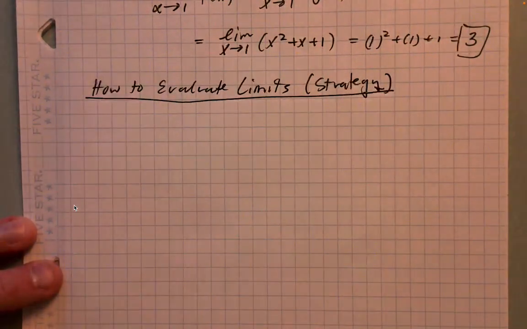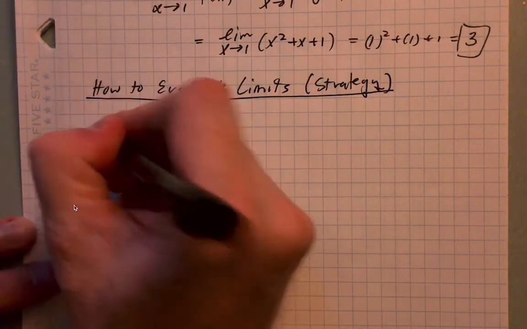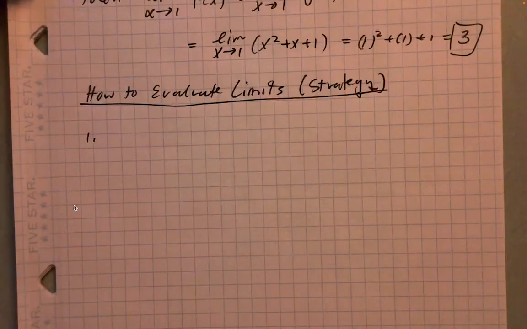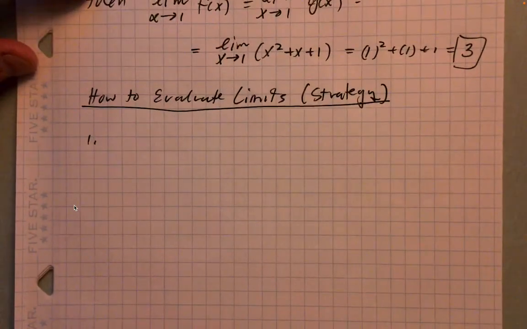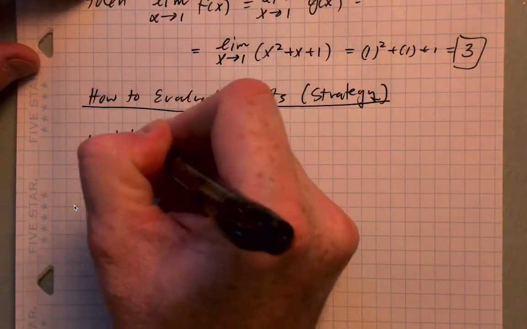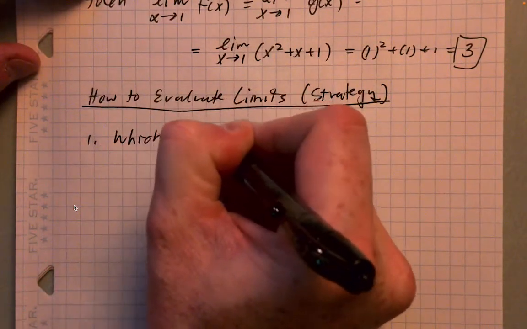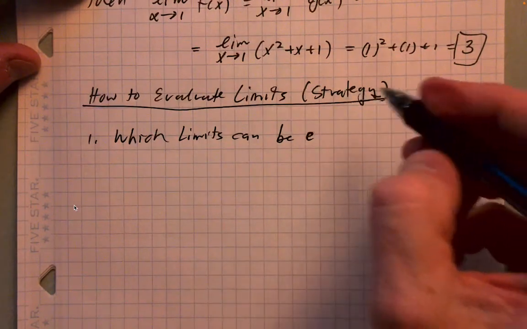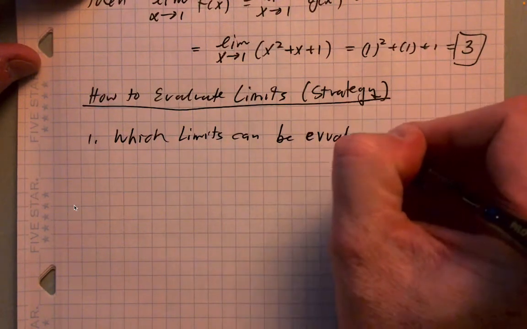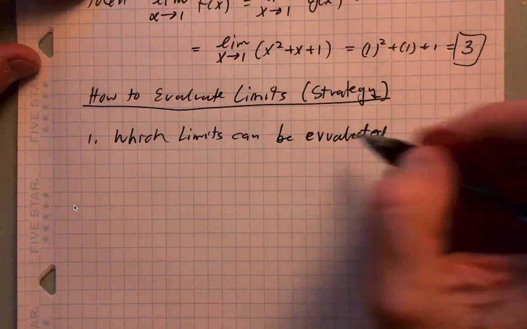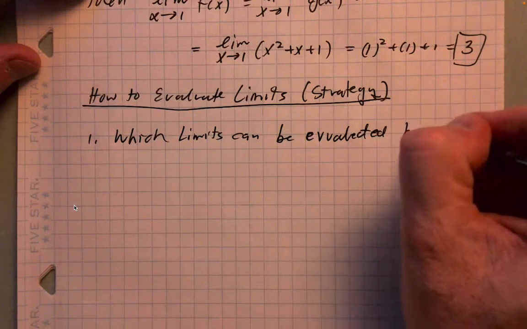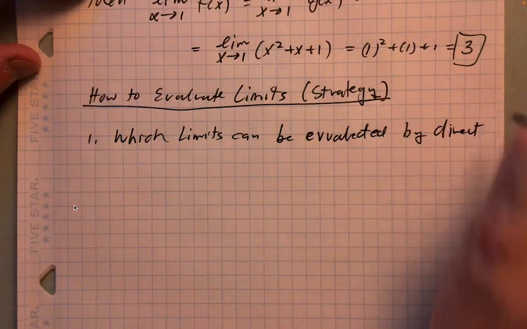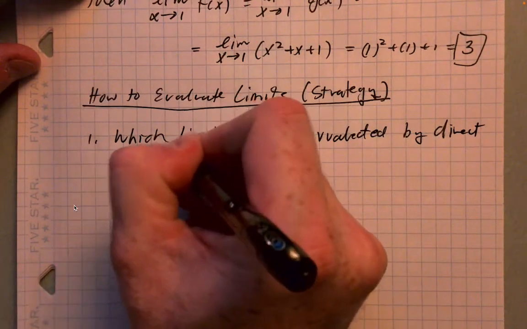So the first thing would be to make note of what we just talked about: learn which limits can be evaluated by direct substitution. And that would be the approach to take, naturally, if it's doable.